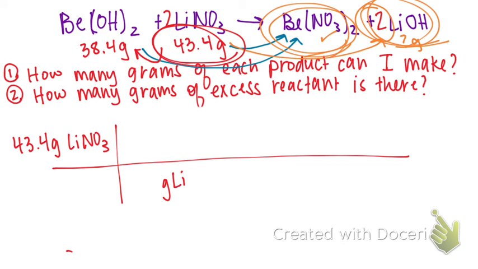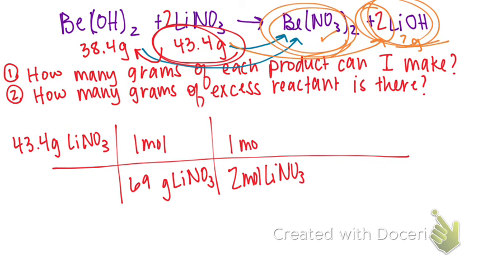So I just erased my molar mass for lithium nitrate. Can you tell me what that is? Okay, and then that's to 1 mole. My mole ratio would be 2 moles to 1. Oh, I'm sorry, I just wrote the same thing over and over again.